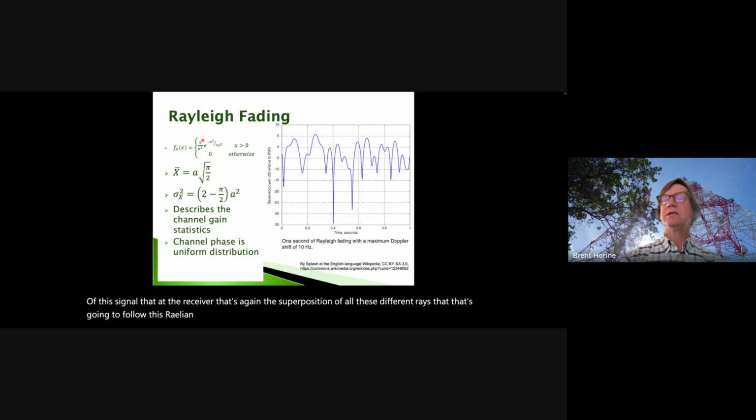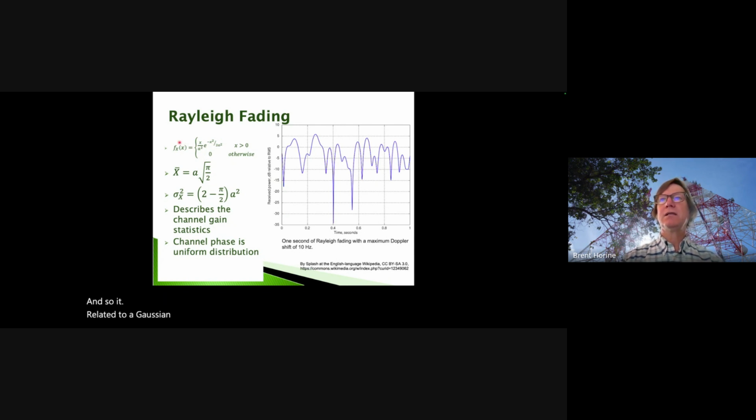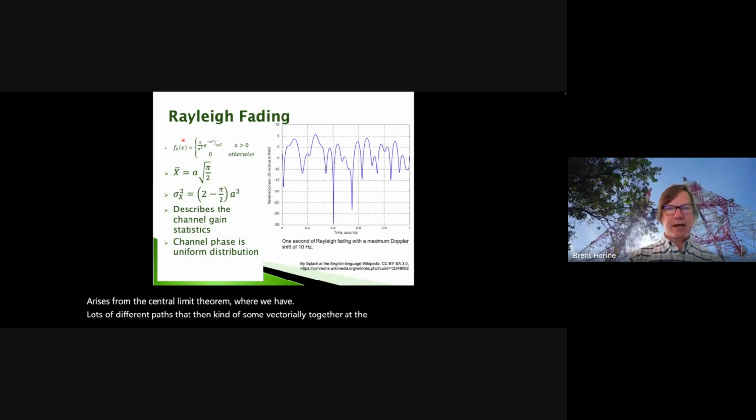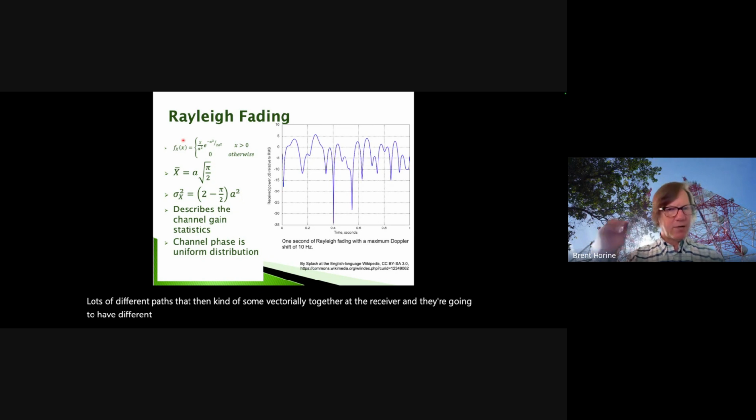It's related to a Gaussian, and in fact, if you watch that Ian Does Signals YouTube video, he explains the origin of this distribution. But it basically arises from a central limit theorem where we have lots of different paths that then sum vectorially together at the receiver, and they're going to have different amplitudes and phases.